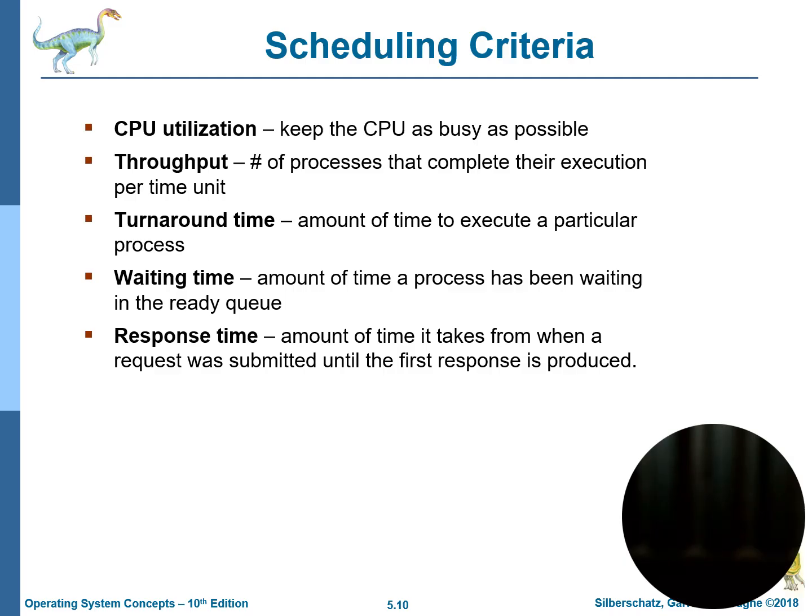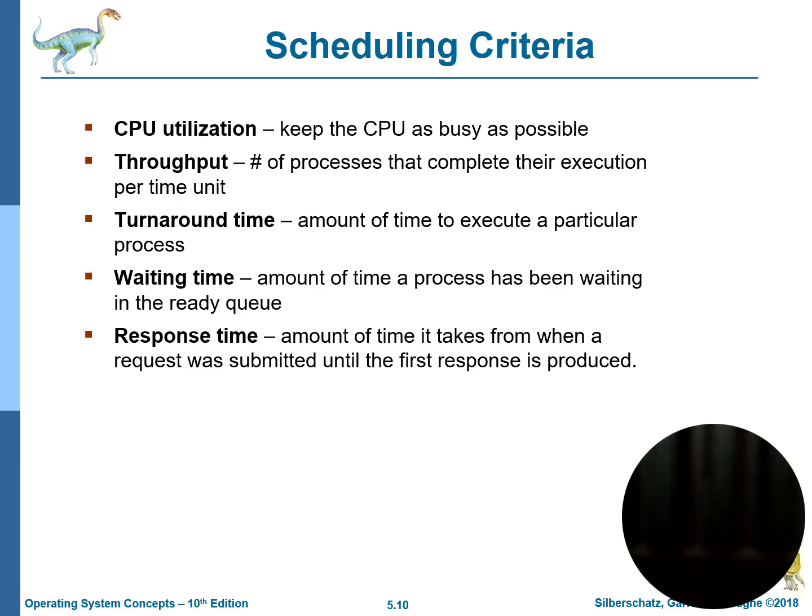Throughput is the number of processes that complete their execution per unit of time, say how many processes have completed their tasks within a minute or an hour. Then the turnaround time is the time to execute a particular process, from the beginning of executing a process to its end.